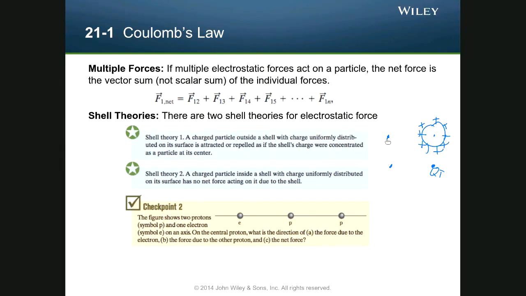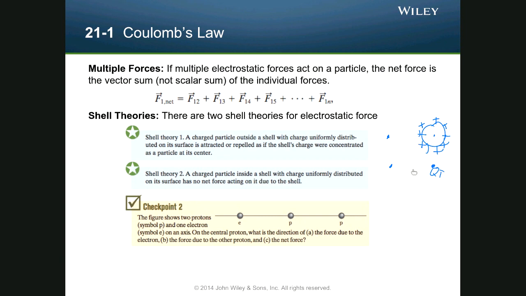Essentially what happens with the first shell model is that this picture here is equivalent to if we took all of these charges on the surface, and you'll notice it's a spherical shell because that symmetry is crucial. If it has the symmetry of a spherical shell, we can crunch it down to one point, where QT, the total charge of this point, is equal to all of the charges in this shell. Basically, these two are the same.